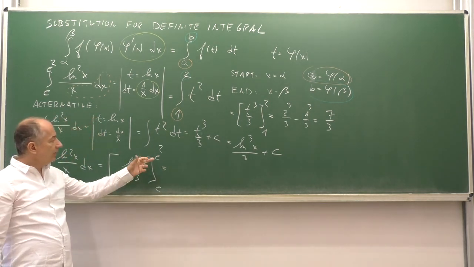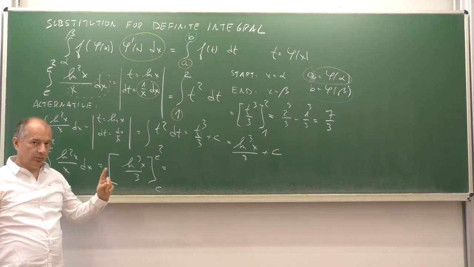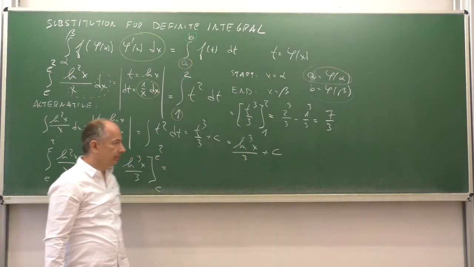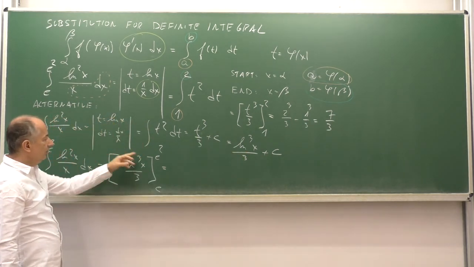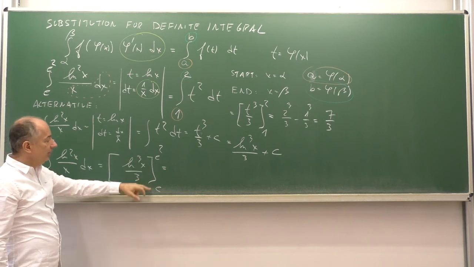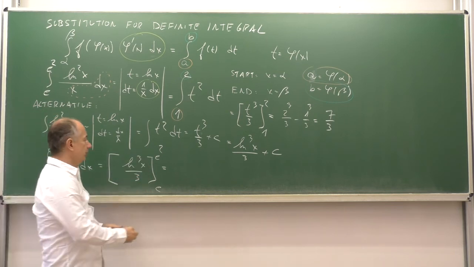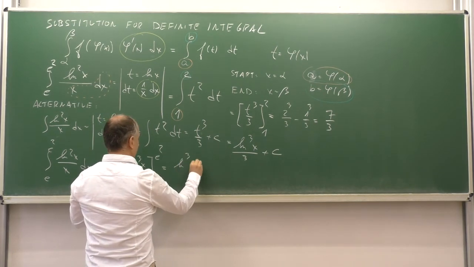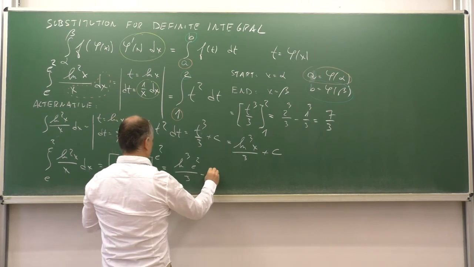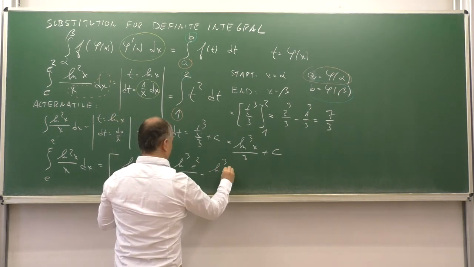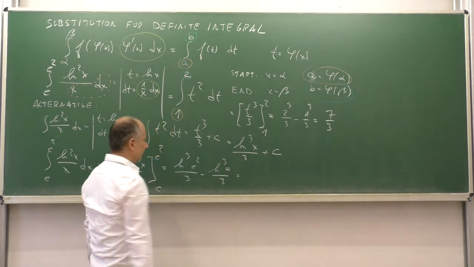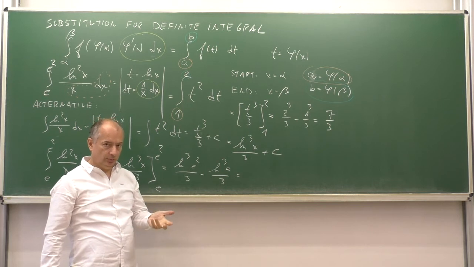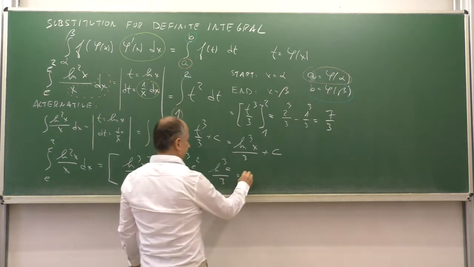You see, in this second alternative we don't have to recompute the limits, but we must go back from t to x. And then we have the antiderivative in x, and we substitute the limits for x, and we subtract. So that would be logarithm cube e squared third minus logarithm cube e third. But logarithm of e squared is 2, 2 cubed is 8.